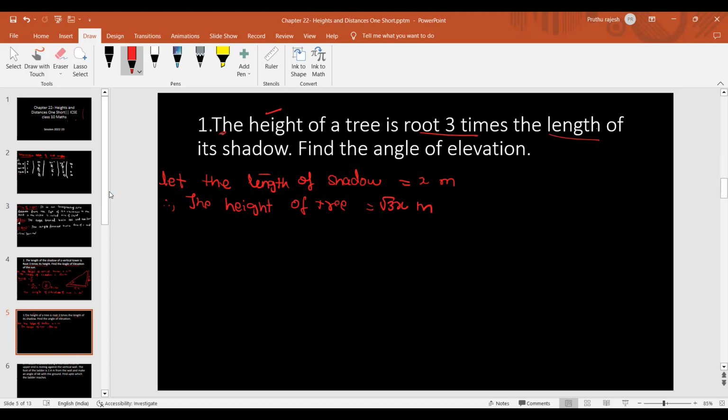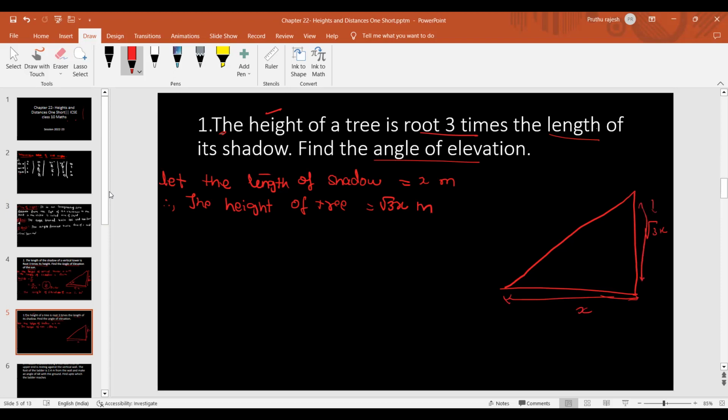Now we can use tan theta to find the value of the angle of elevation. Before that, let us draw our diagram. The pillar is given as root 3x, and this base is given as x meters.